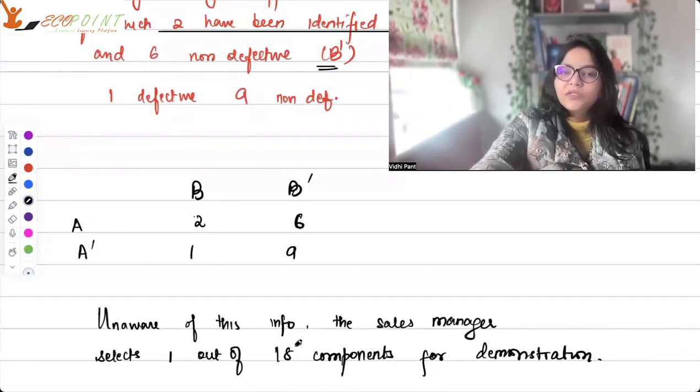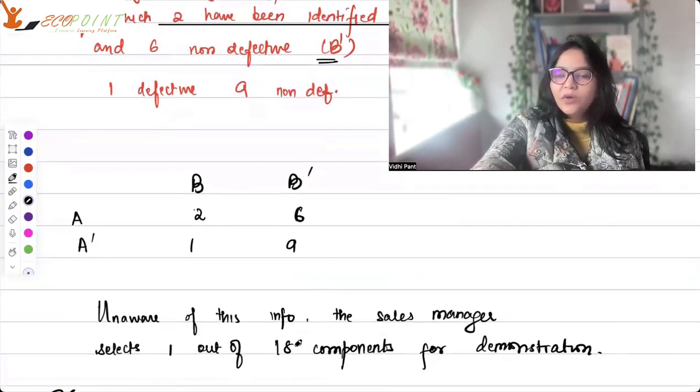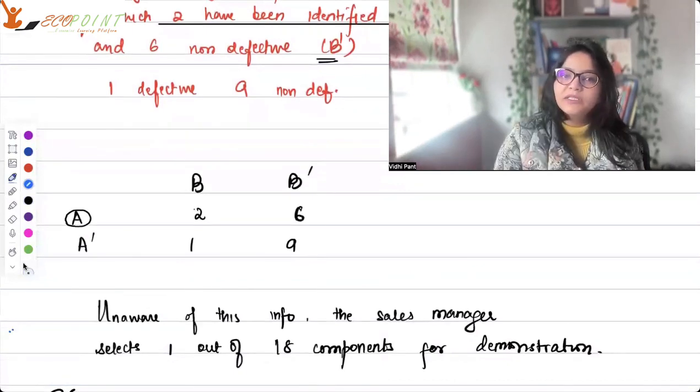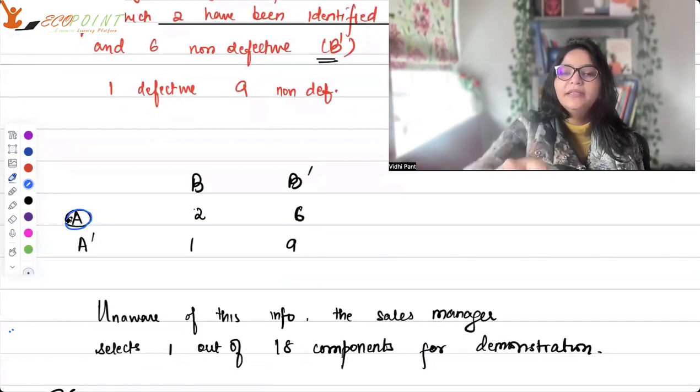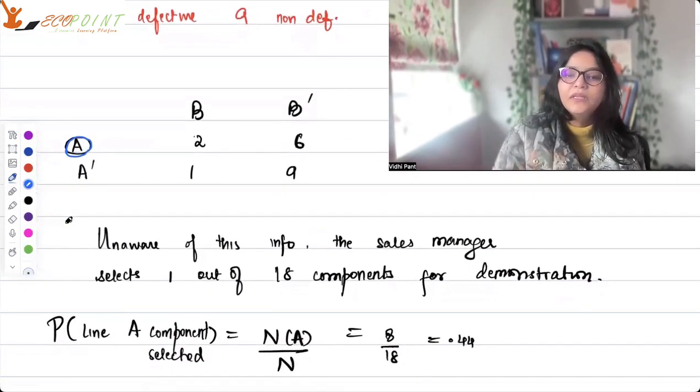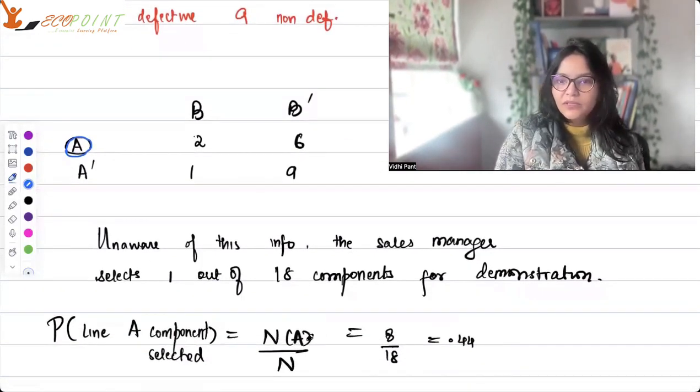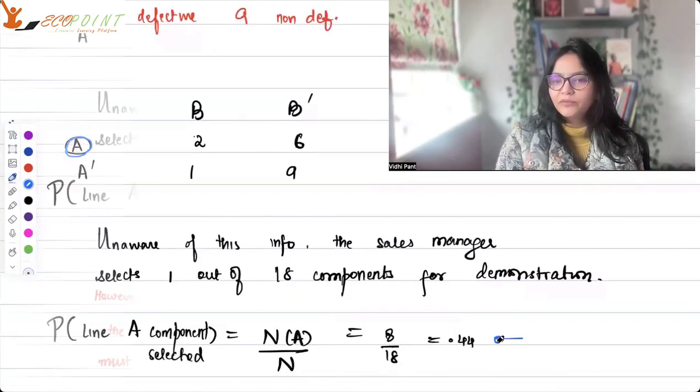So the sales manager selects 1 out of 18 components. Now, what is the probability that he has selected a component from line A? It is the total number in line A upon the total number, including A and A dash. So 8 upon 18, that is 0.44.